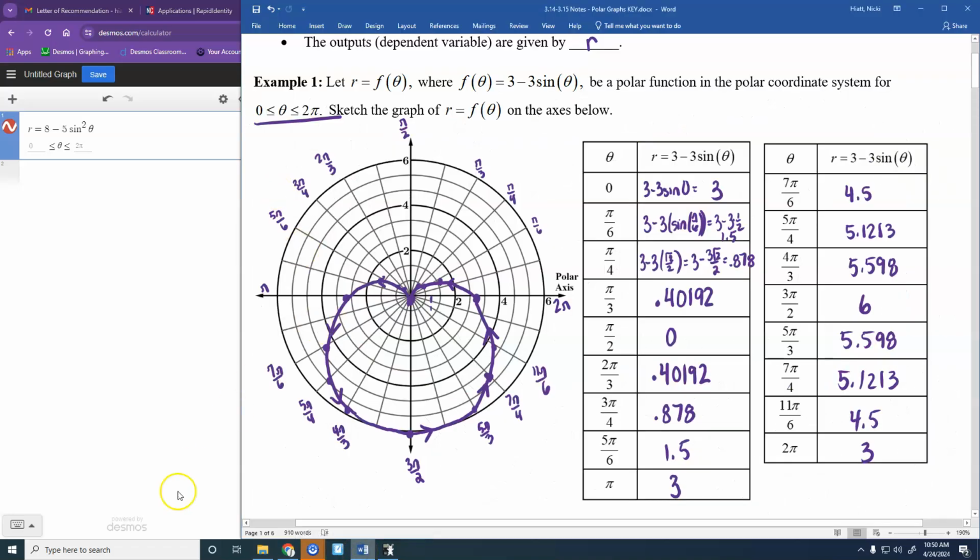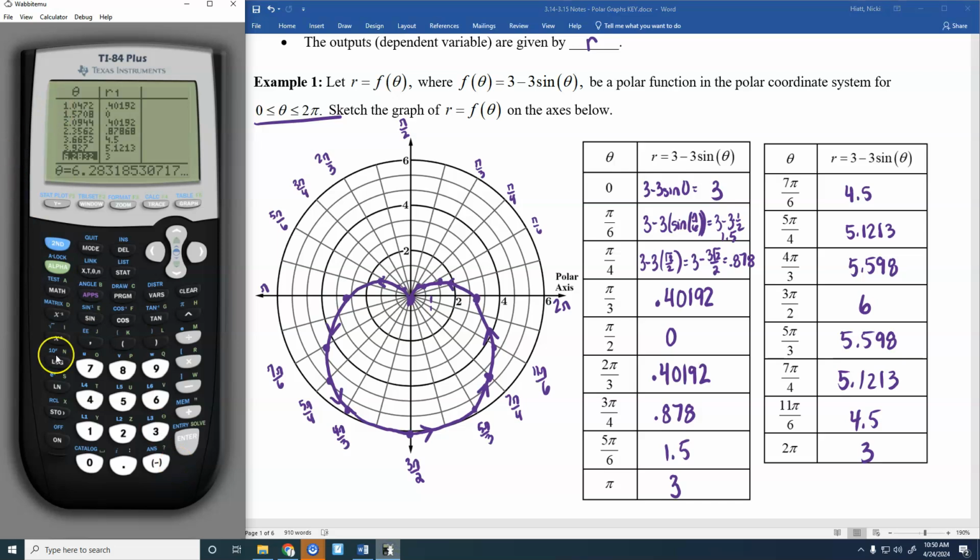Yes, the calculator does graph it. So if you are in radian mode, if we go to graph, don't hit second, just hit graph. My window's bad. Zoom 6. The calculator graphs it. Also notice the calculator started where we started and it went around.